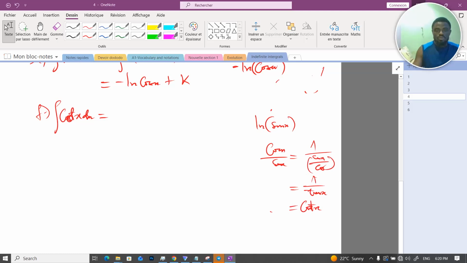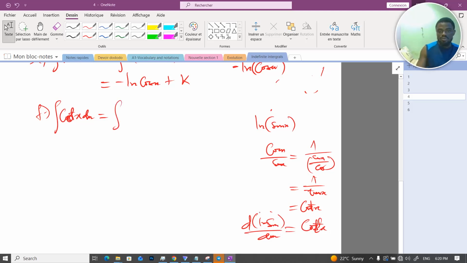So we see that the derivative of ln of sine x with respect to x is simply equals to cot x. So from here, we can write cot x dx as what?